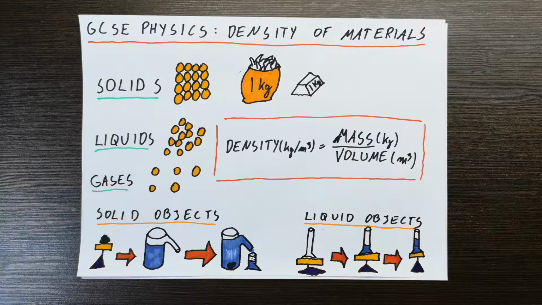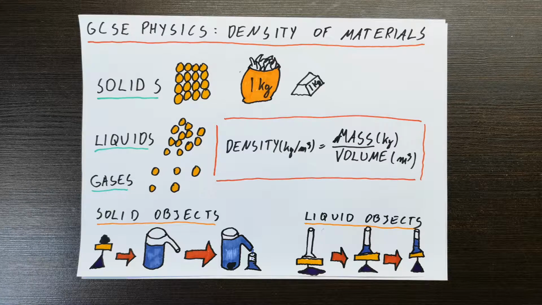Whereas gases have a lot of energy, which means that these molecules can move very fast. They can move quite far apart from each other. So the particles in gases are least compact. Therefore, we can say that gases have lower density than liquids and solids. So that's a general rule.